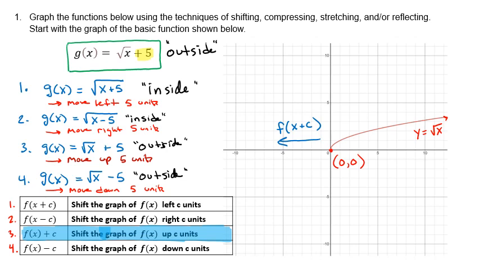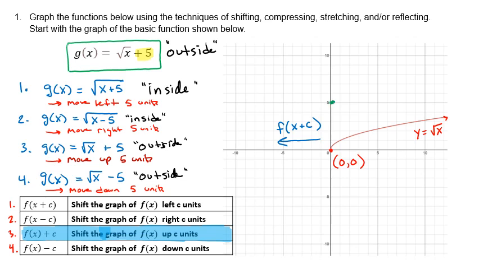Right? You've got addition on the outside. So that means you're moving the function up. And so what I said earlier, you pick a convenient point, like, for example, the point 0, 0. And just move that point.